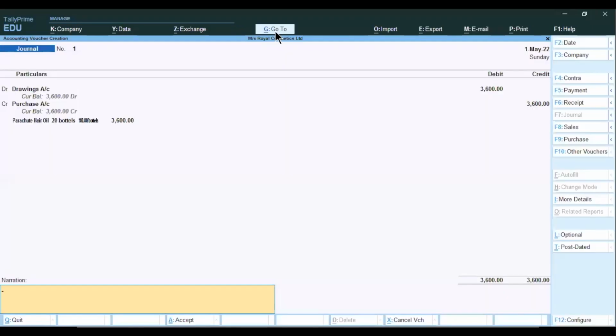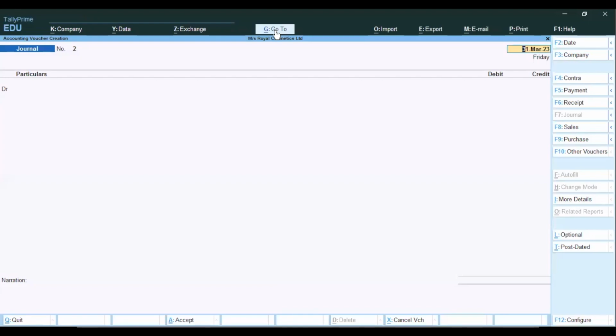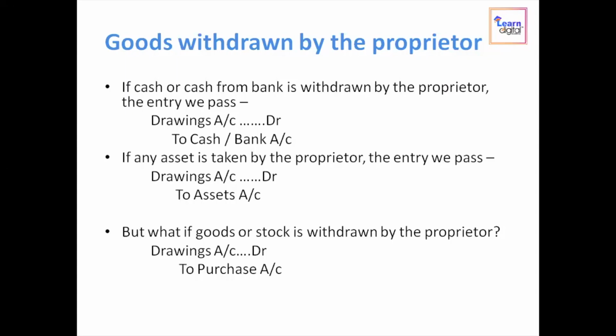So enter, give the narration, being goods withdrawn by the proprietor, enter. So this is how we can enter the transaction which needs special adjustment entry for the stock by using purchase ledger. So if the goods are withdrawn by the proprietor, the entry will be drawing account debit to purchase account.